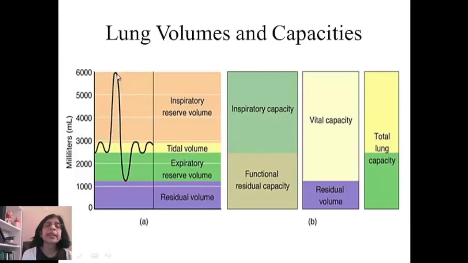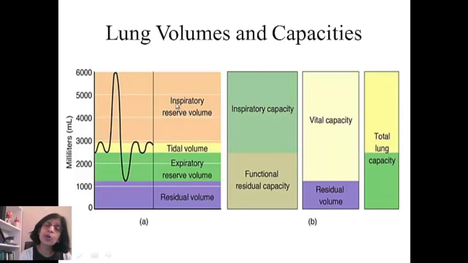This increased level that you see here is when you take a deep breath, the maximum amount of air you can bring into the lungs. Take a look, it goes quite high, many times more than the 500 ml. So that could be about 3 liters of additional air that the lungs can hold.